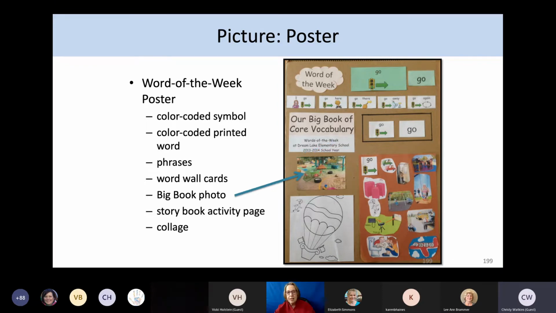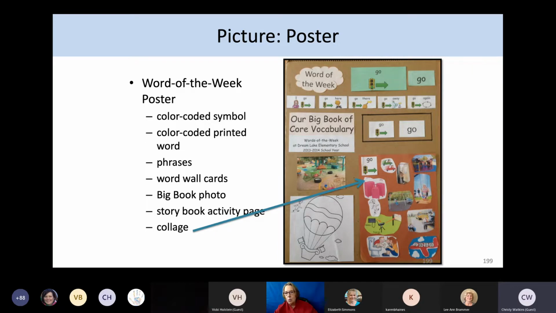Then we know in every activity there's going to be a big book photo. I'll tell you later about the big book, but every kid's going to develop their own big book of words they're learning, and there's a photo that's part of their big book. And there's always going to be a storybook activity that we do, and we're always going to make a collage. So this becomes the poster that evolves.